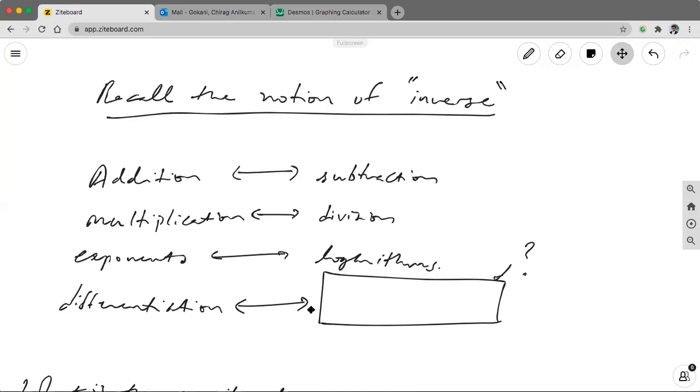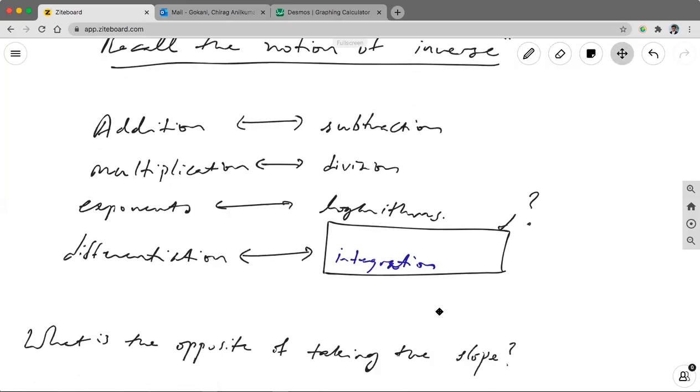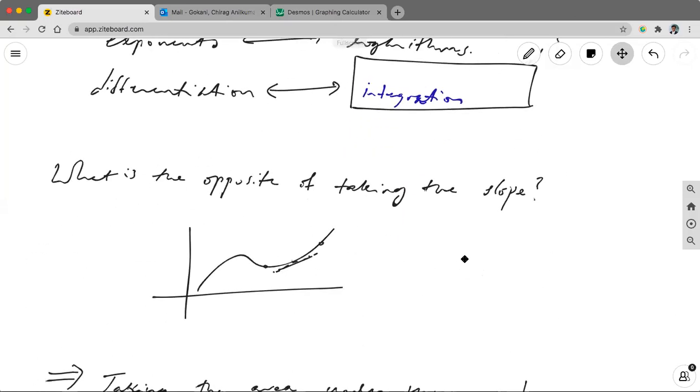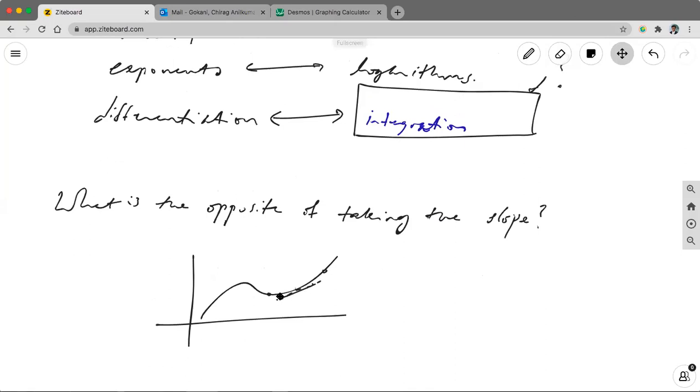Right now, integration is just a word, but it will become an entire field of calculus called integral calculus. I'd like to introduce this idea of integration by asking you, what is the opposite of taking the slope? So say I have this general curve, f of x, again, and I wanted to find the slope.